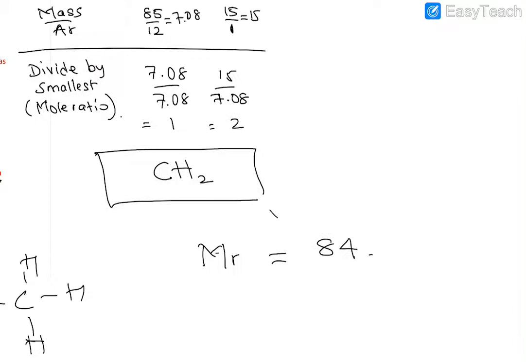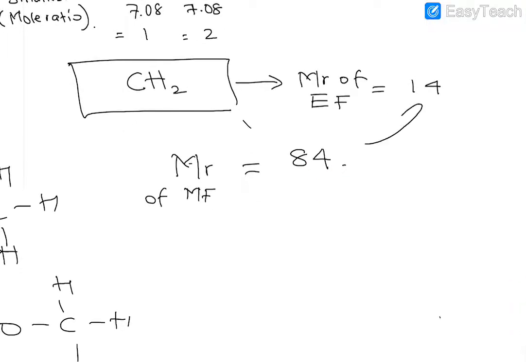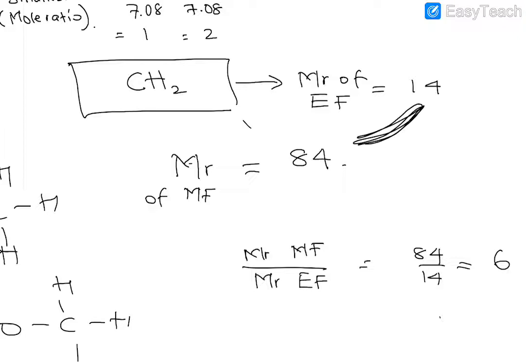What you do is calculate the MR of the empirical formula. So MR of empirical formula is 14, so 12 plus 2. MR of molecular formula is given as 84. You can find the number of multiples between the empirical and the molecular formula, so it's 6.